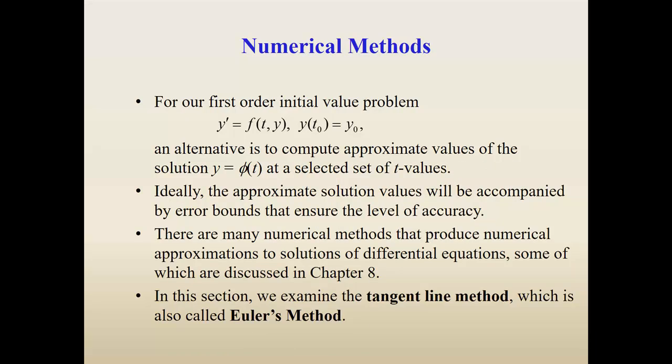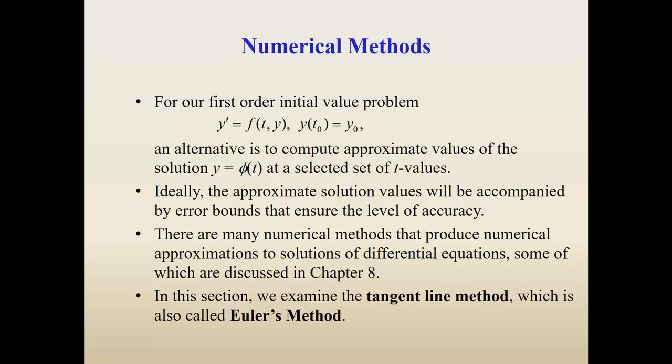To deal with that, we're going to be basing everything off of different techniques that we saw in Calc 1. Not even Calc 2, but Calc 1. It's going to be using the idea of tangent lines, hence why this method is sometimes called the tangent line method. But more historically, we typically call it Euler's method.